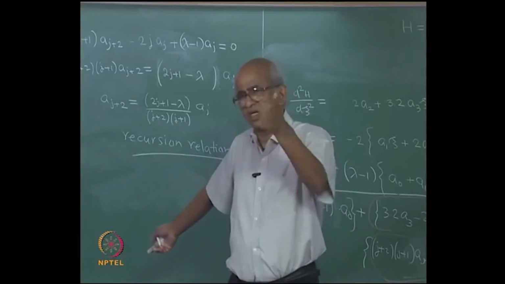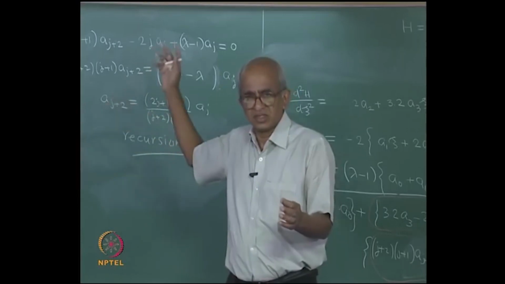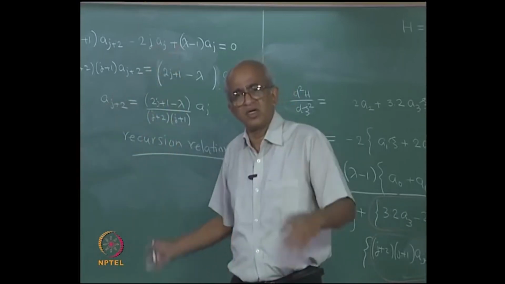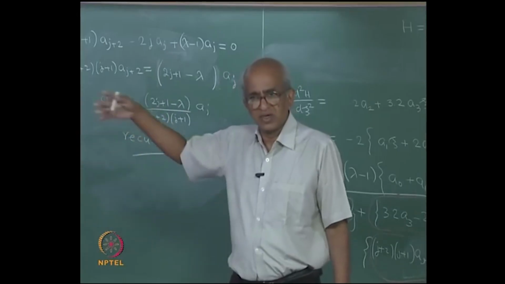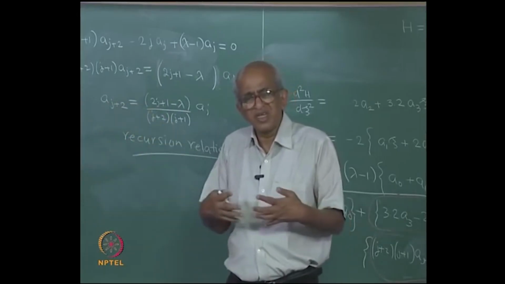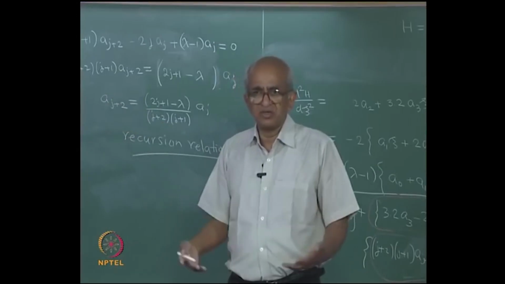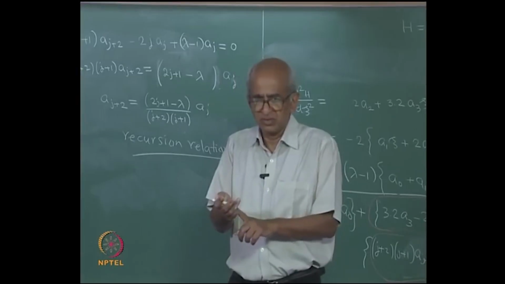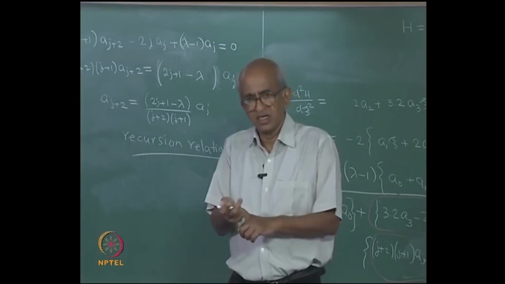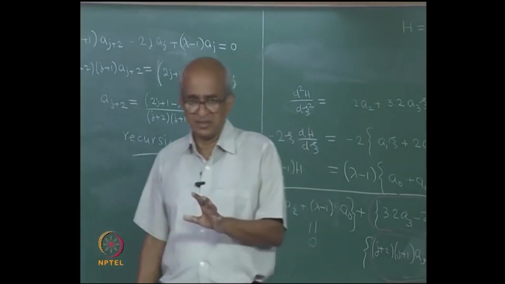So, you choose any value for a0, you will get the corresponding values of a2, a4, etc. and similarly, you choose any value for a1, you will get the corresponding values for a3, a5, etc. and therefore, how many variables do I have which I am free to choose? I can choose any value for a0, I can choose any value for a1. So, therefore, I have two things that can be independently chosen.